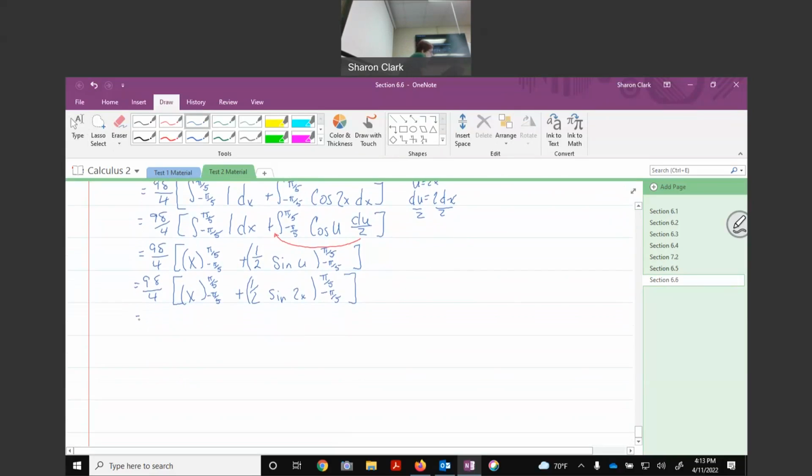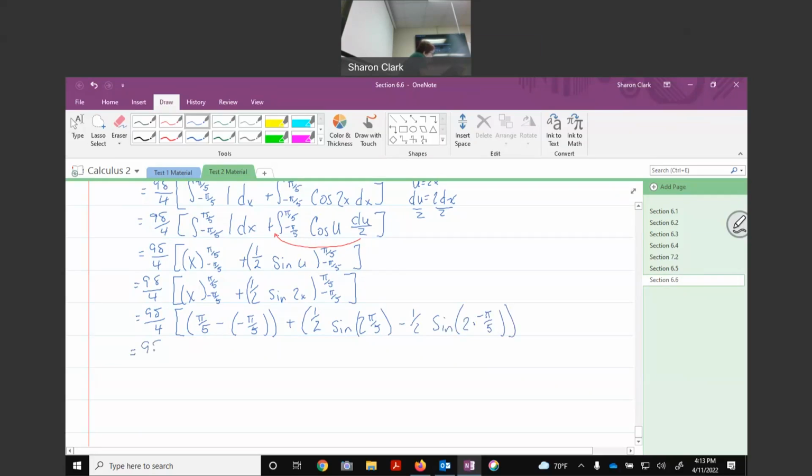Okay, so that's going to be 9 delta over 4 times pi over 5 minus negative pi over 5, plus 1/2 sine 2 pi over 5 minus 1/2 sine 2 times negative pi over 5.